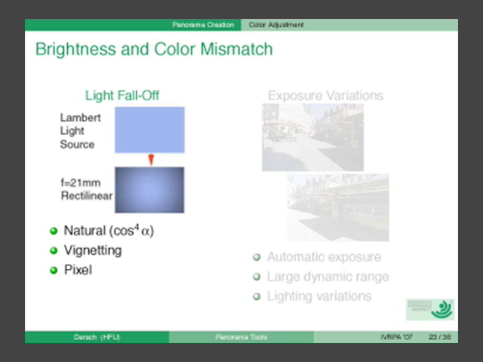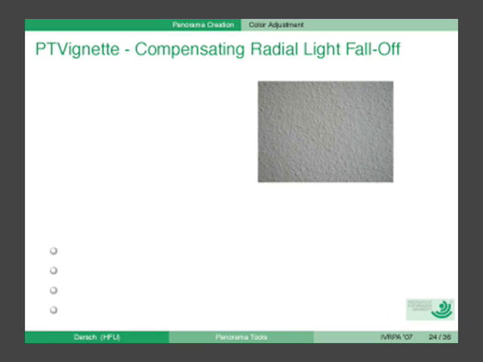Of course, these darker areas will show up as seams, and we have to compensate them somehow. The correction tool of Panorama Tools contains a radial gradient filter that can be used for this. We have now a more sophisticated tool, PTVignette, which analyzes and finds the optimum transformation.